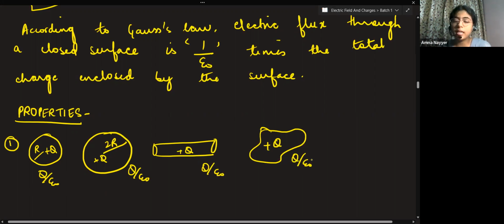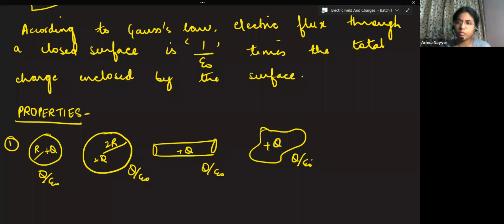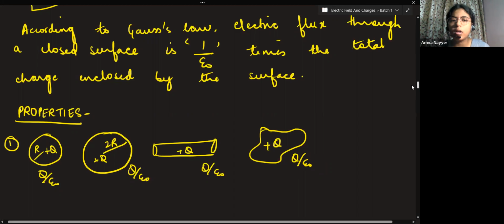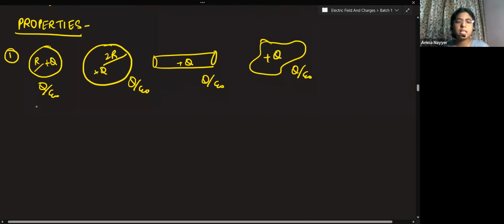So what does it say? It means that electric flux is independent of the shape and size of the surface. You are concerned with the charge, and epsilon naught is the constant which you are already aware of.